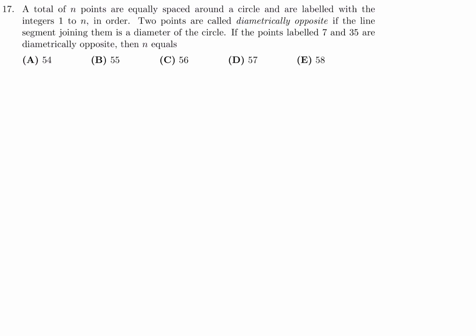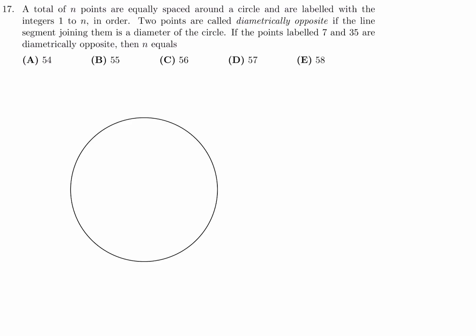A total of n points are equally spaced around a circle and are labeled with the integers 1 to n in order. 2 points are called diametrically opposite if the line segment joining them is a diameter of the circle. If the points labeled 7 and 35 are diametrically opposite, then n equals.